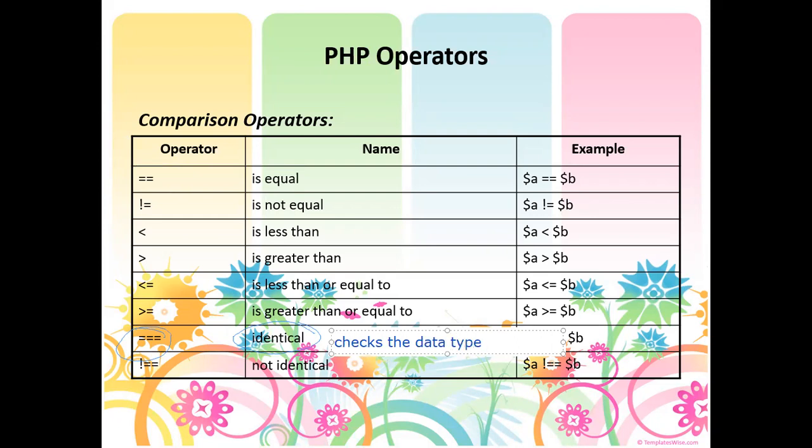There. Now so let's say it checked that the value is the same. The values are the same. But the data type is not the same. So in that case, they are not identical. So you have the exclamation point, which symbolizes not.